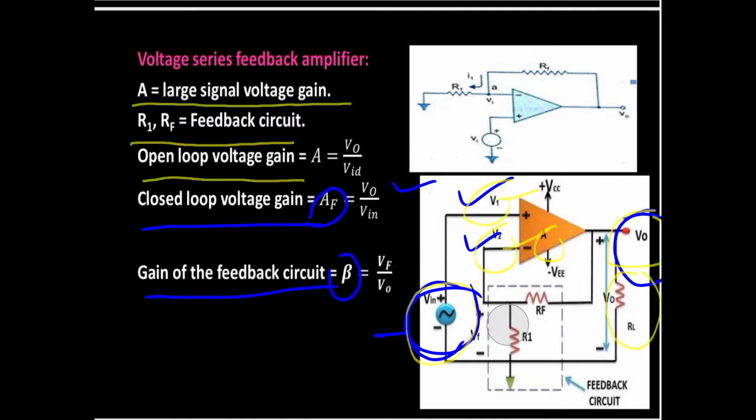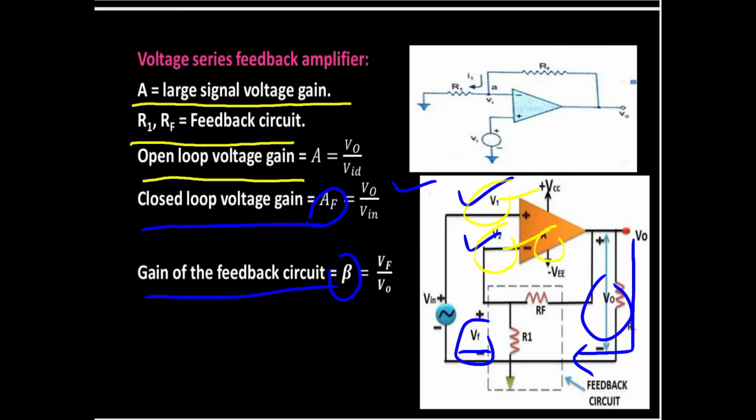Here the output of the feedback circuit is VF and the input of the feedback circuit is the output of the feedback amplifier, V0. So gain equals Vf by V0, where Vf is the output of the feedback circuit and V0 is the input of the feedback circuit.